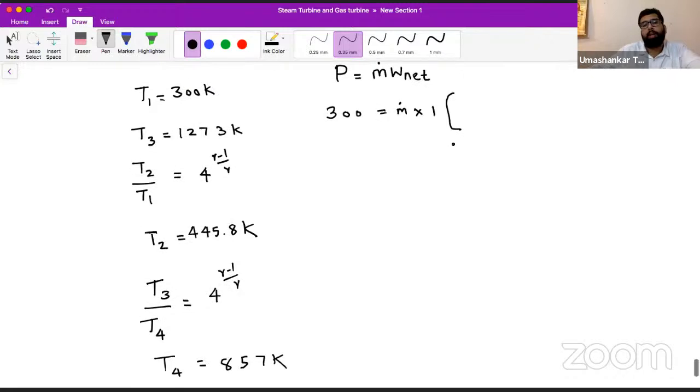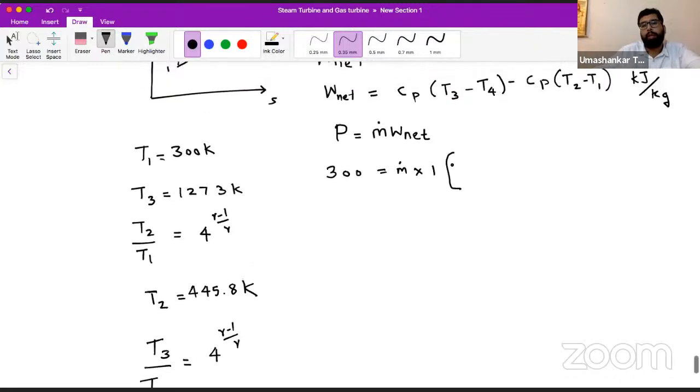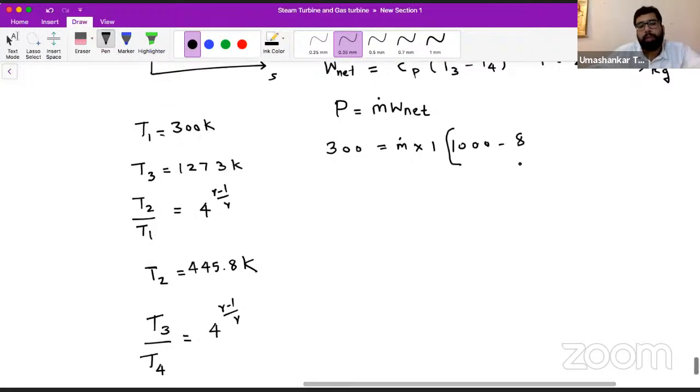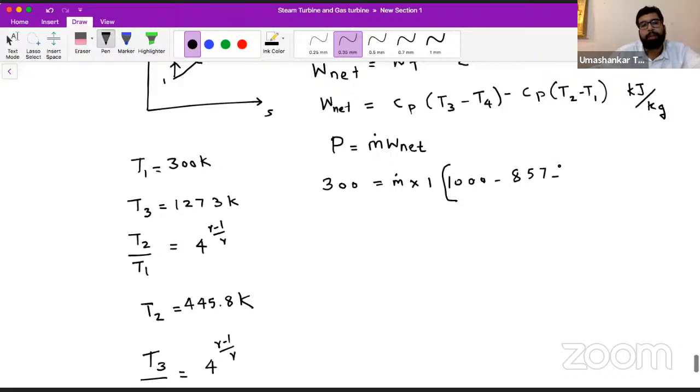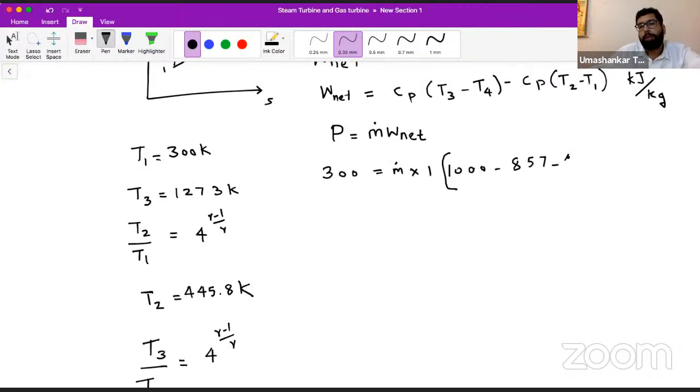So just put all the values here: 1273 minus T4, which is 857, minus Cp, which is 1, taken common, times T2 which is 445.8 minus T1, which is given to be 300. Now you can get your m dot value.